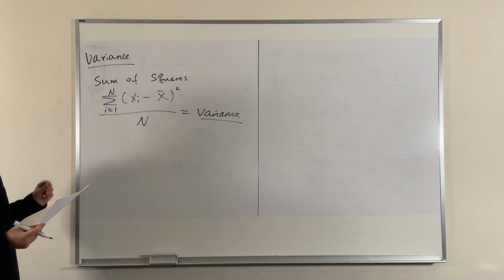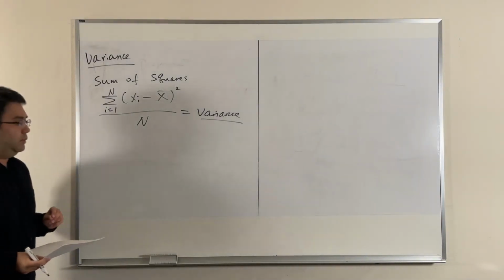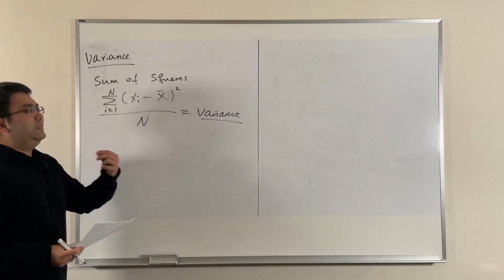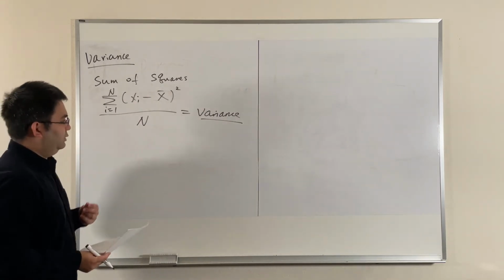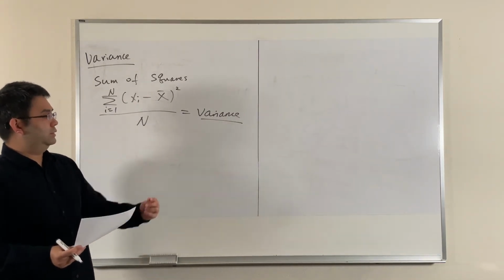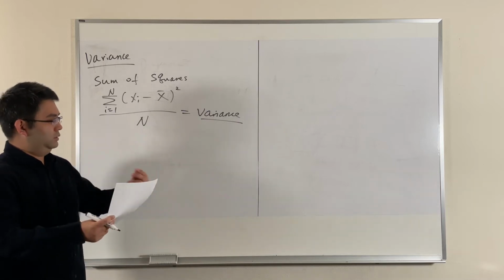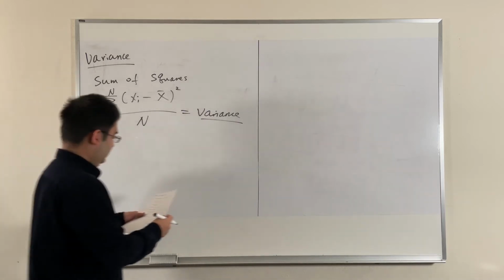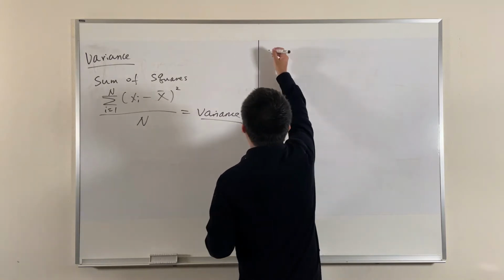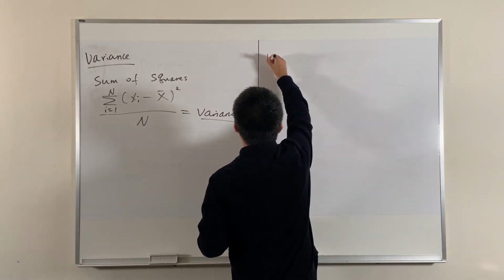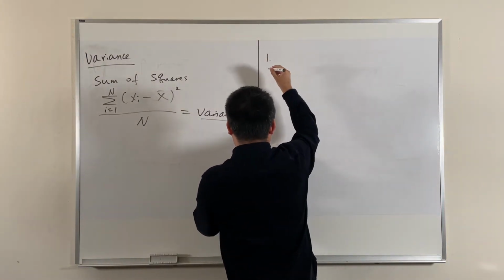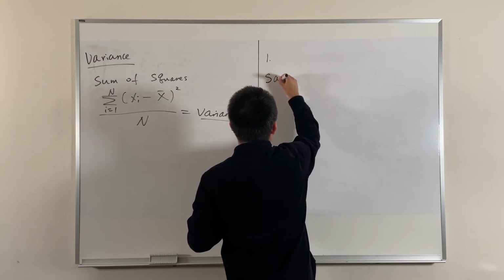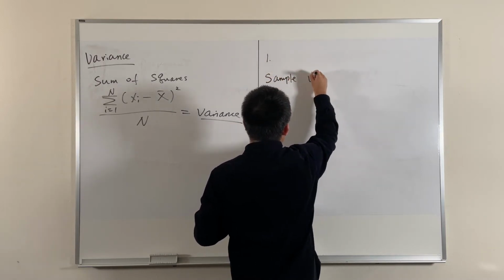Cool. So next, I want to talk about the three types of variance that we're gonna use in this class and their notations. And first one is your sample variance.